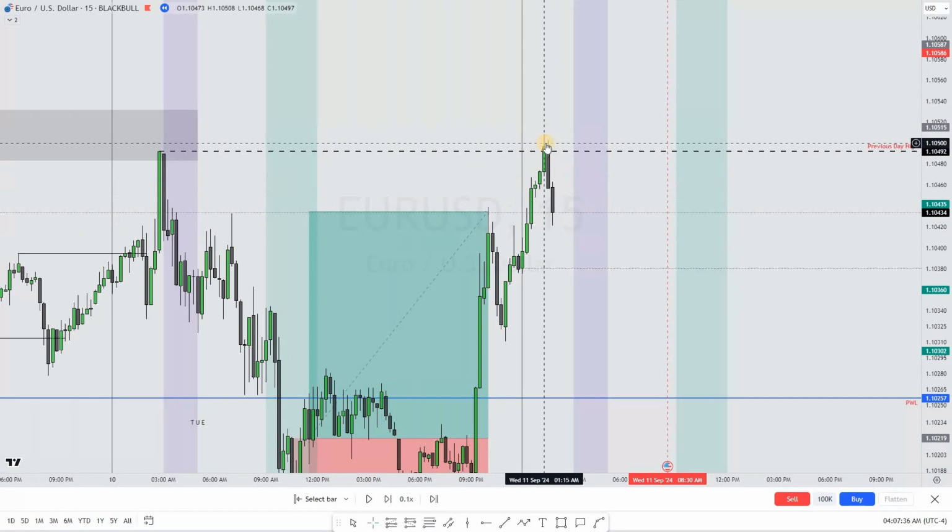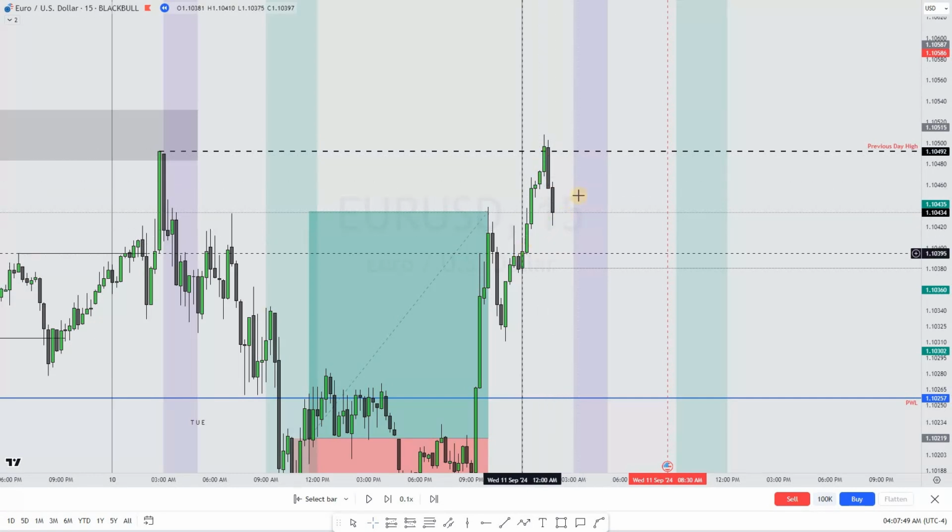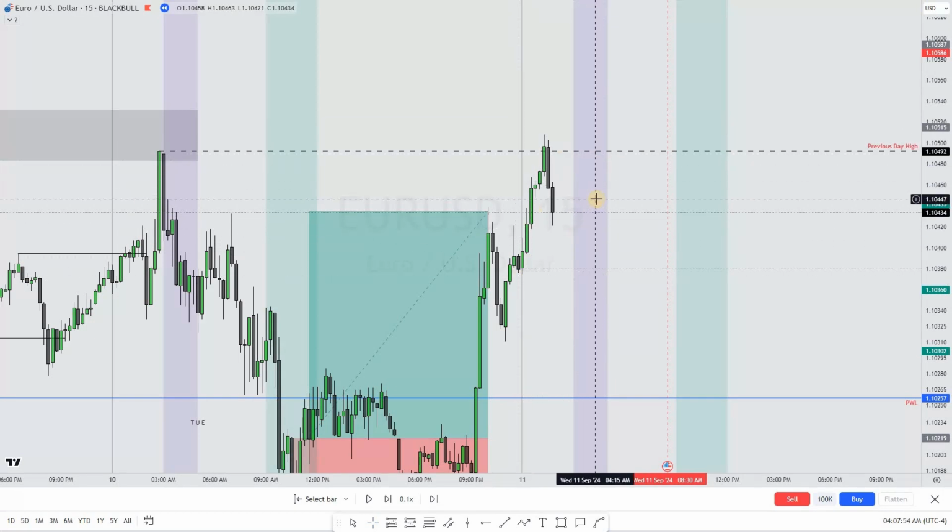I wasn't so sure about what price was planning to do because previous day high is a very important level for me, and once that is taken, I usually look for a reversal. So in this area right here, I am looking for reversal. I'm not looking for continuation.